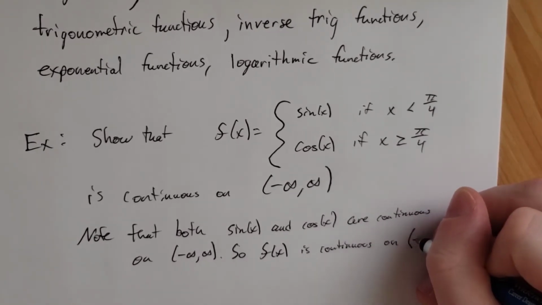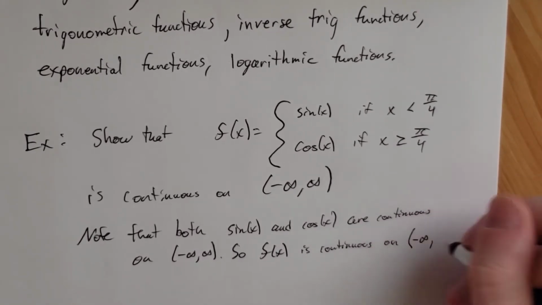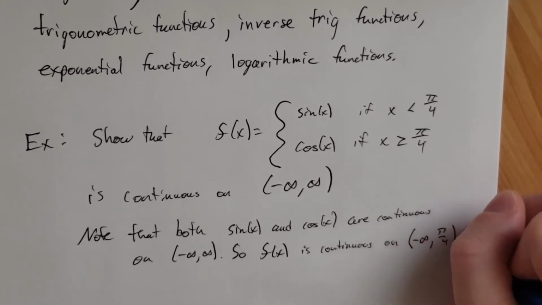So f of x is defined and continuous from negative infinity to pi over 4.